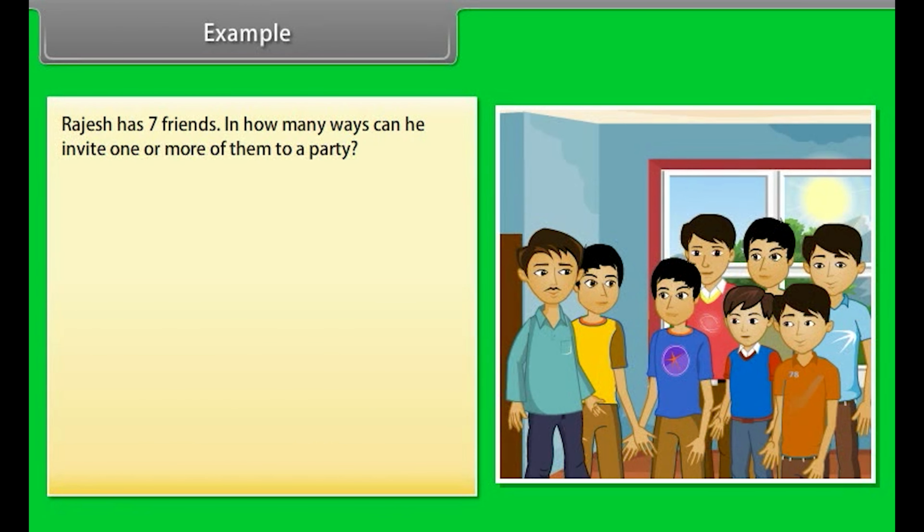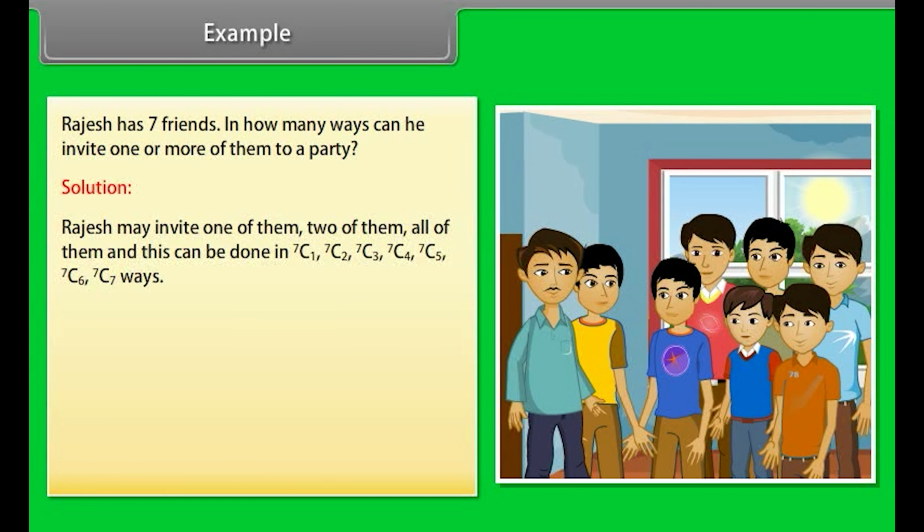Rajesh has 7 friends. In how many ways can he invite one or more of them to a party? Solution. Rajesh may invite one of them, 2 of them, or all of them, and this can be done in 7C1, 7C2, 7C3, 7C4, 7C5, 7C6, 7C7 ways.